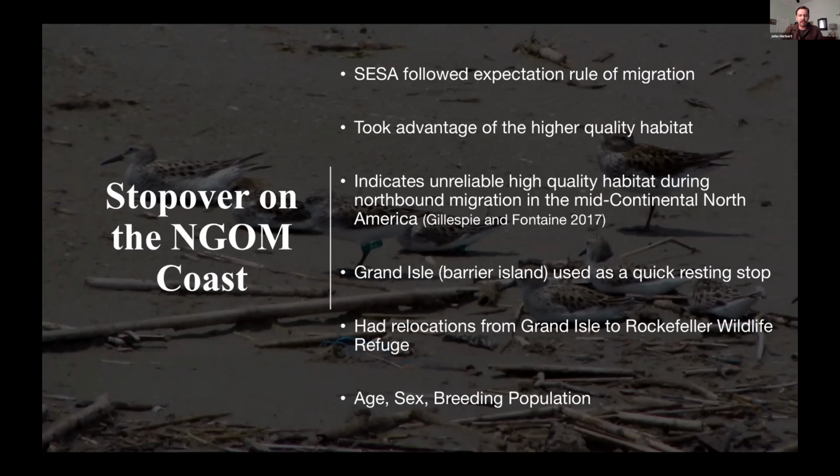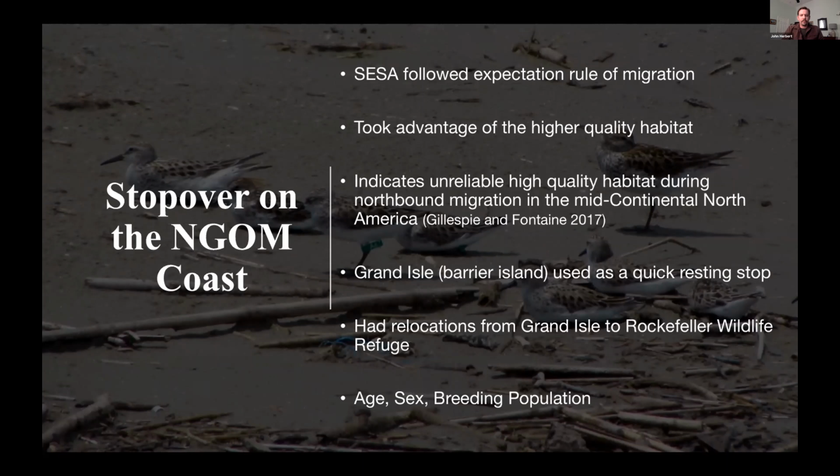And we had not much influence of demographics: age, sex, or breeding population. But for a time-minimizing bird, it's known that gaining fuel stores is the most important aspect during northbound migration, and that may be influenced more heavily after crossing a barrier.